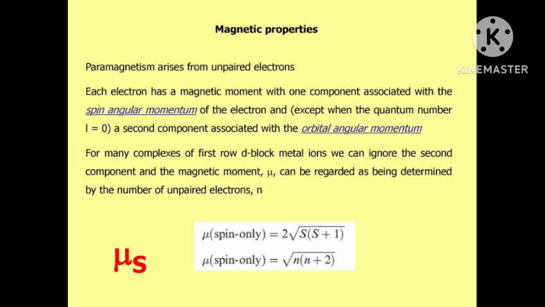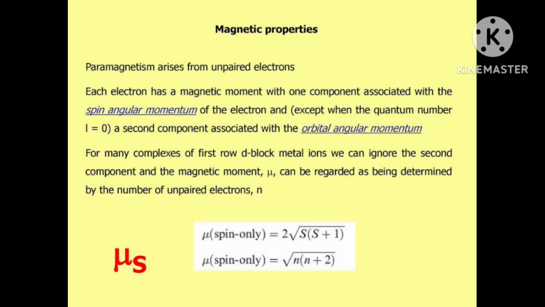V3+ has 2 electrons in d orbitals, and chromium 3+ has d3, meaning 3 electrons in d orbitals. 2 vacant d orbitals are available for octahedral hybridization with 4s and 4p orbitals.